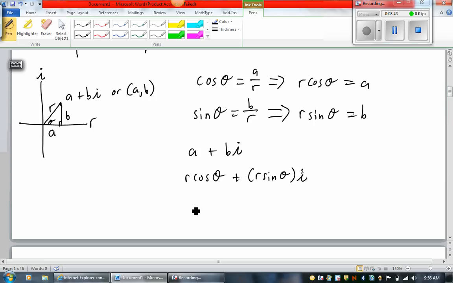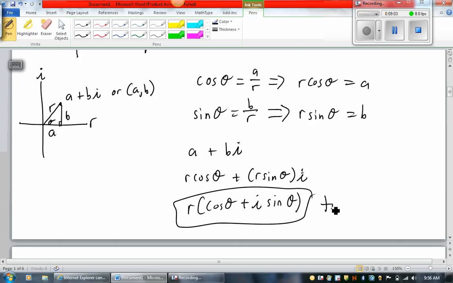And if we do a little bit of factoring, GCF, we have r times cosine theta plus i sine theta. This right here is our trigonometric notation. This is also called polar coordinates.